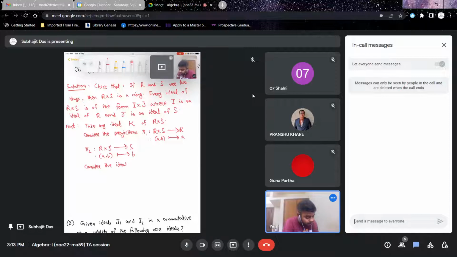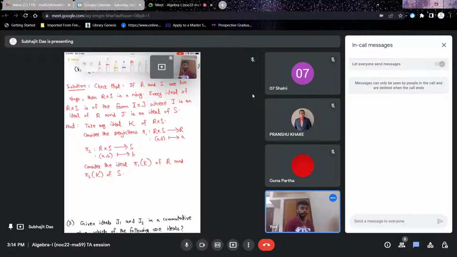You can check this, that pi 1 of K of R and pi 2 of K of S, these are ideals in R and S. It's not in general true that if you have a ring homomorphism of a ring R into a ring S and you take an ideal in R, its image need not be an ideal in S, but the image is always an ideal in the image subring, the image of R. That is what I'm saying.